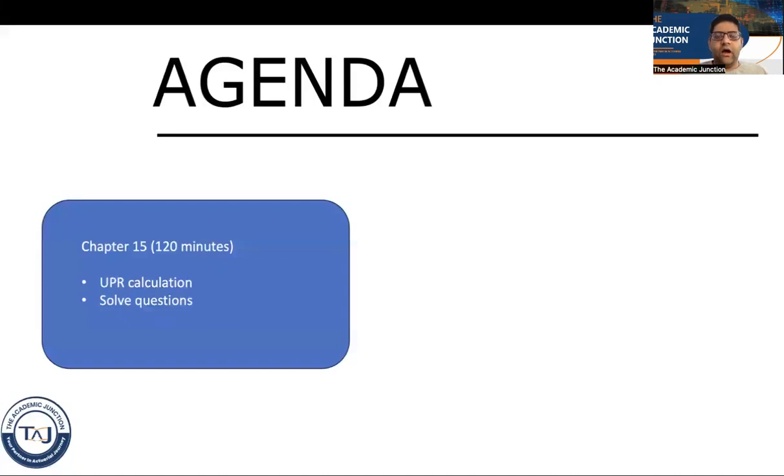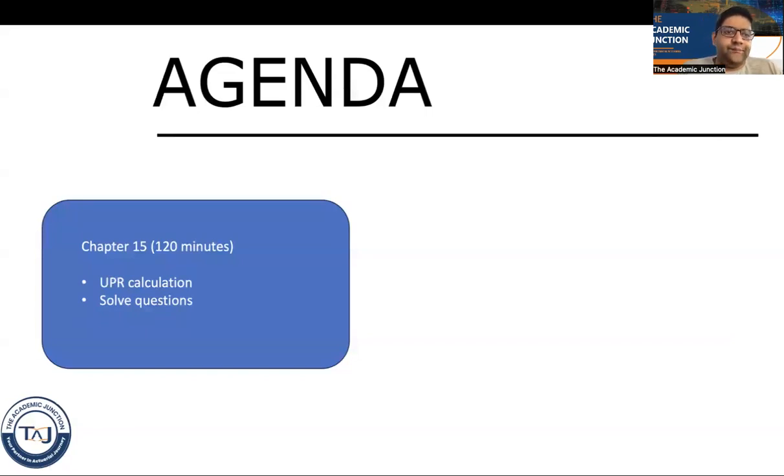So the basic overview for this class, like I mentioned, and the reason why we have only one class this week, is exactly because of this: we are going to complete the UPR portion of chapter 15. With that, chapter 15 gets completed, and a fairly big chunk will get completed.